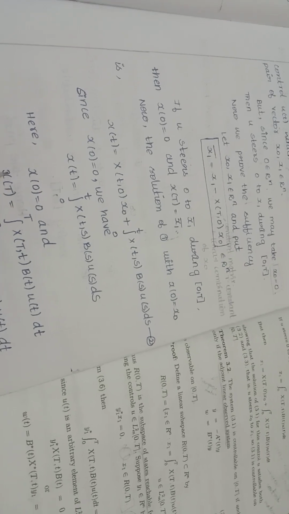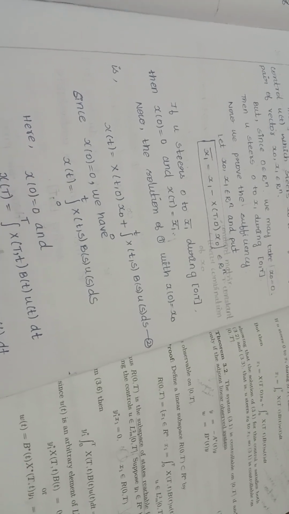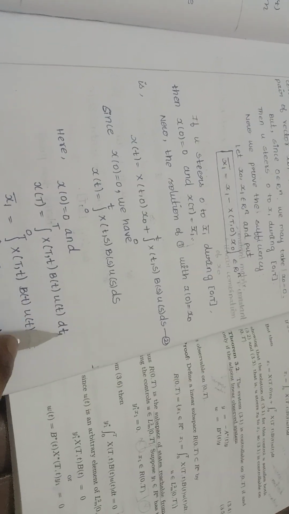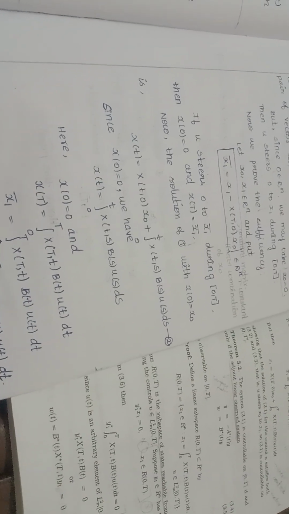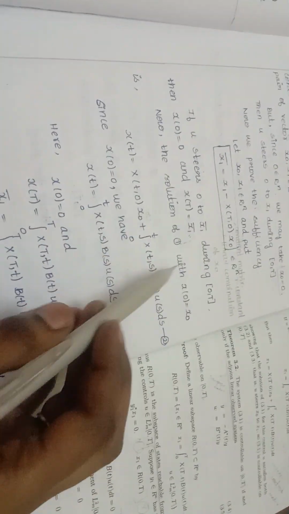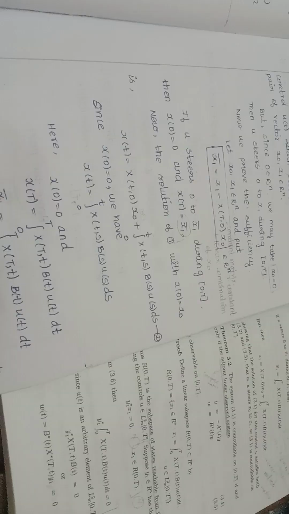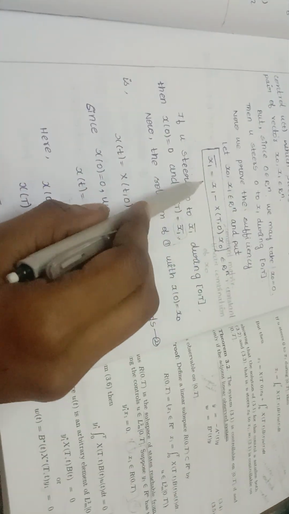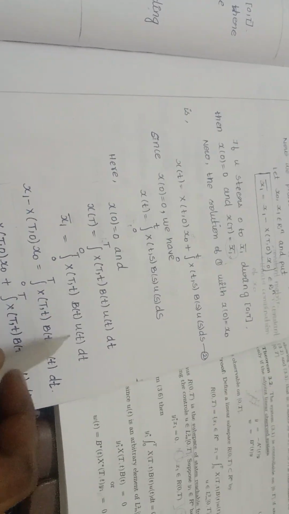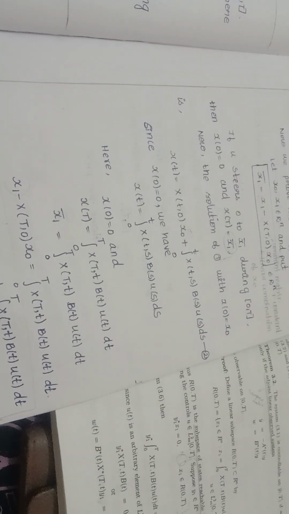If we put capital T, we get integral 0 to T X of T comma t B of t u of t dt. Then x of T is nothing but x1 bar. So x1 bar can be written as x1 minus X of T comma 0 x naught equal to this term.